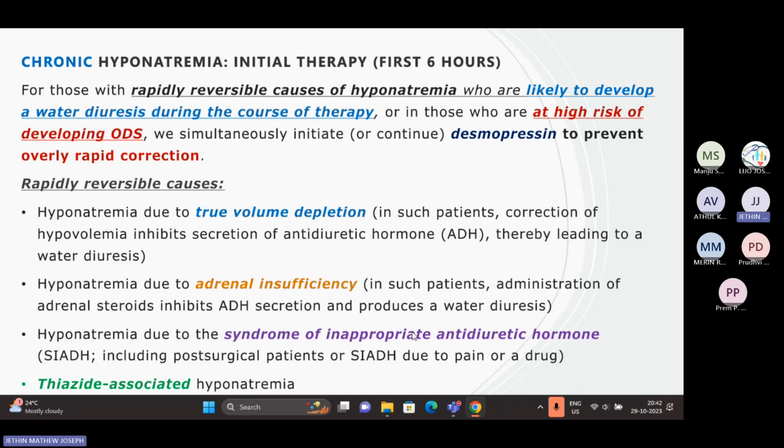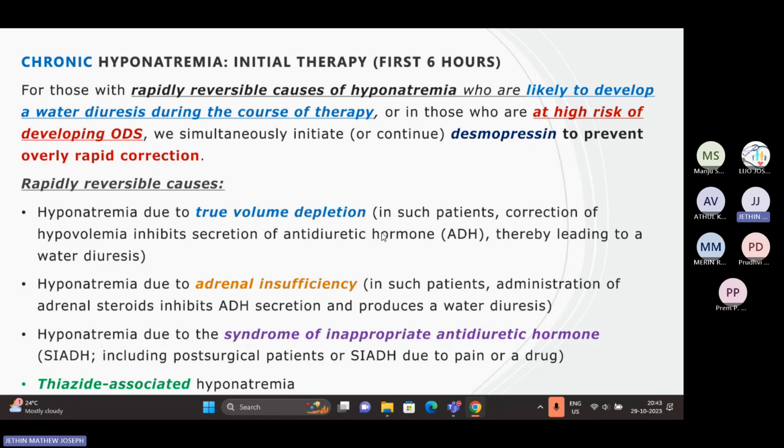And in SIADH of a relatively transient nature, like in post-surgical patients, or if SIADH is due to a drug or pain, once the stimulus is removed, SIADH is also going to stop. So hyponatremia is going to get corrected quickly in this case also. The other thing is thiazide-associated hyponatremia. Once you remove the offending drug, hyponatremia is going to get reversed.